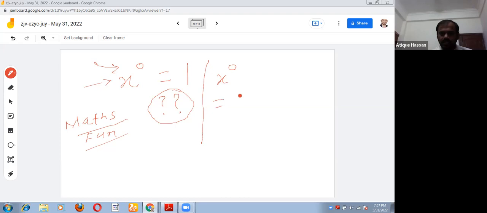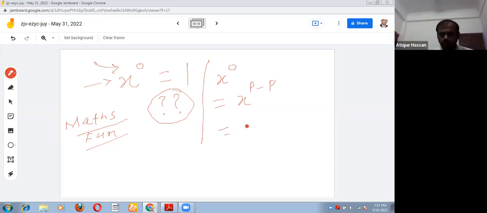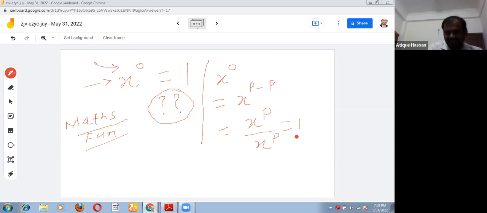So you can write it as x to the power p divided by x to the power p. Can I write it like this? Yes. So what will be its value? 1. Got it or not? Yes, sir. So this is the reason.